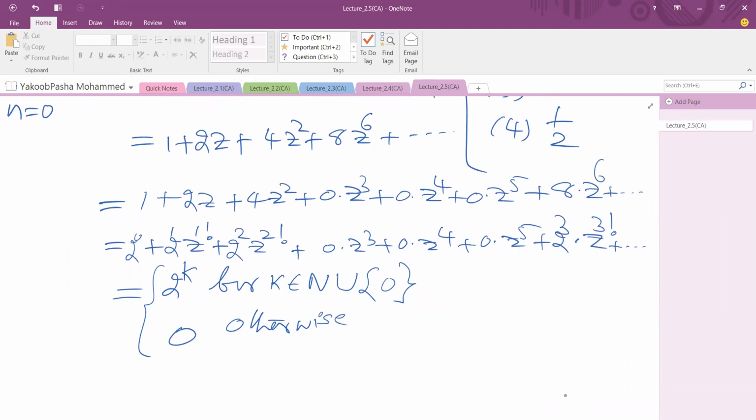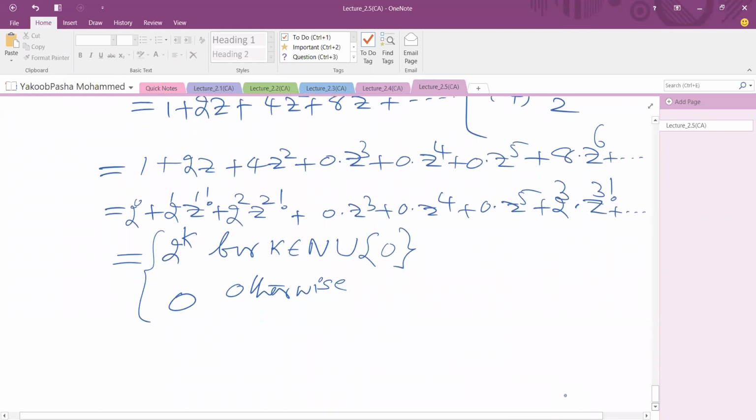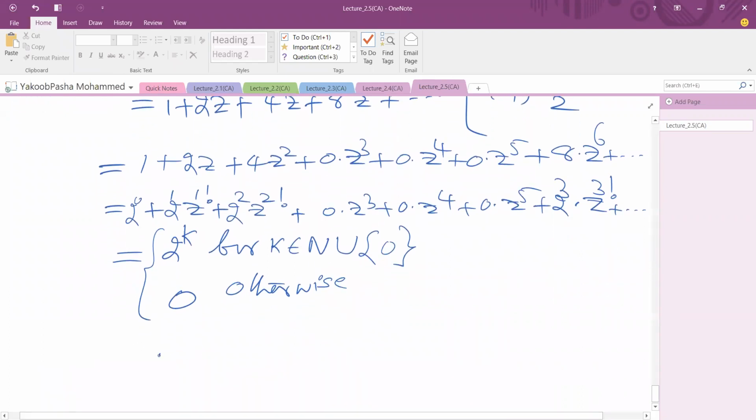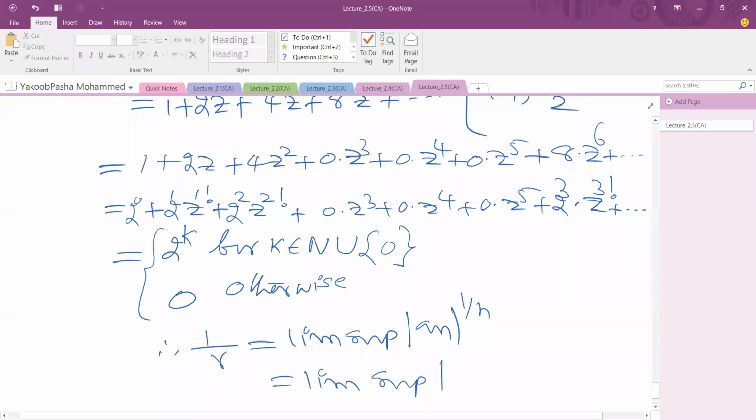So we can write the radius of convergence formula. Therefore radius of convergence is equal to limit supremum modulus of an power 1 by n. So this is equal to limit supremum 2 power k. Among these, what is the supremum value? It is 2 power k.